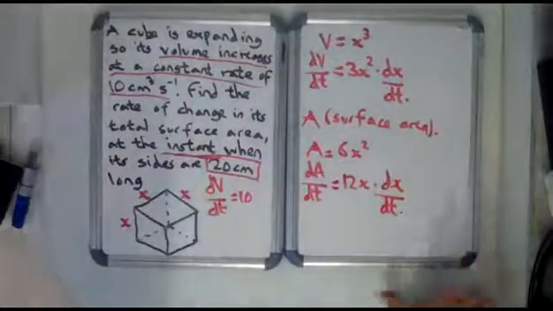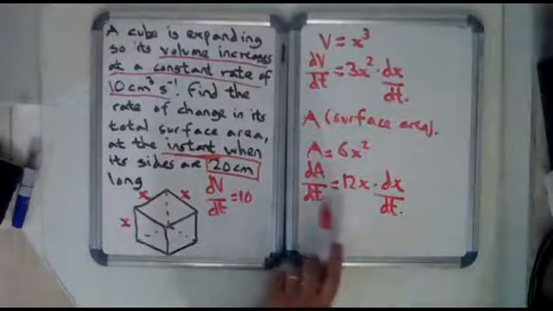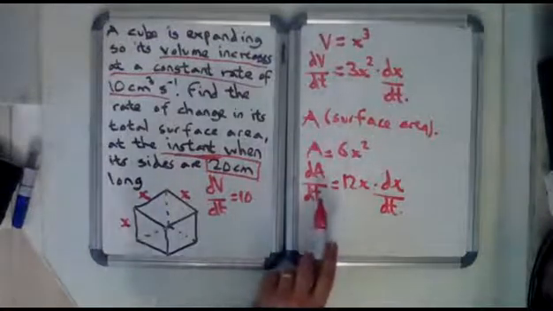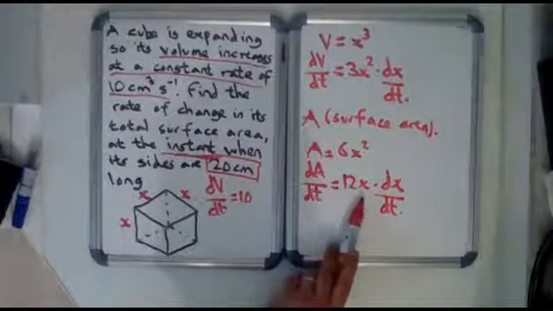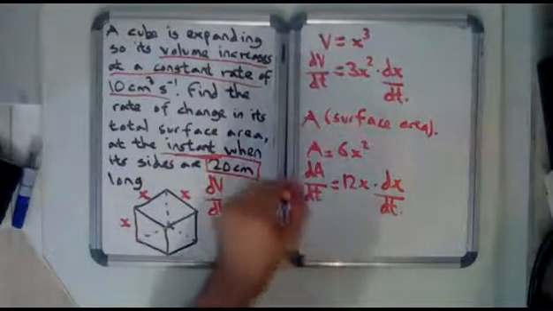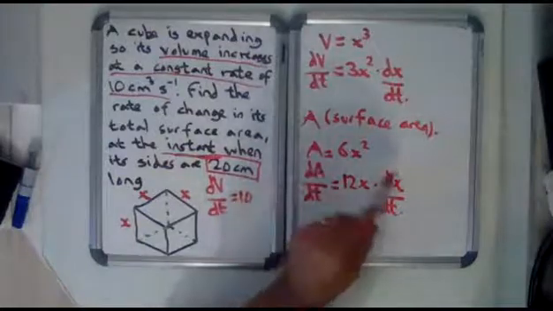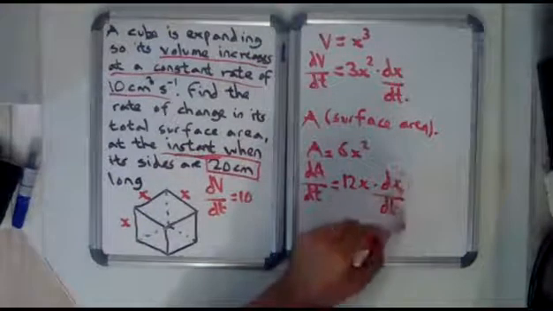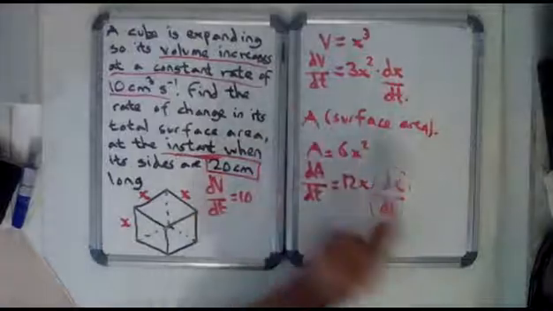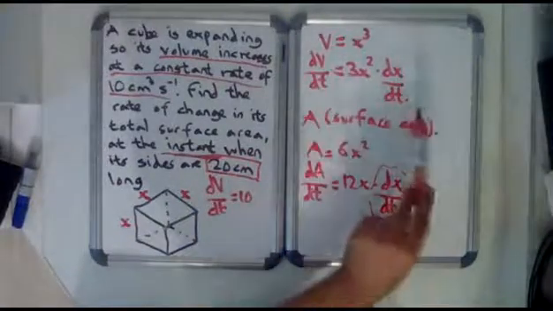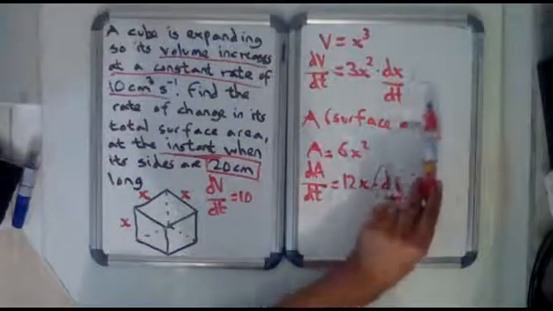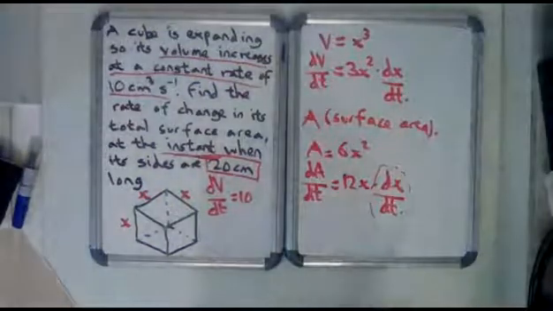Now this is what we want to find at the moment when x equals 20. So when x equals 20, we've got 12 times 20. But we're going to need dx by dt, and we can get it by using this constant dV by dt. If we can find dx by dt from this equation, we can substitute it into here.